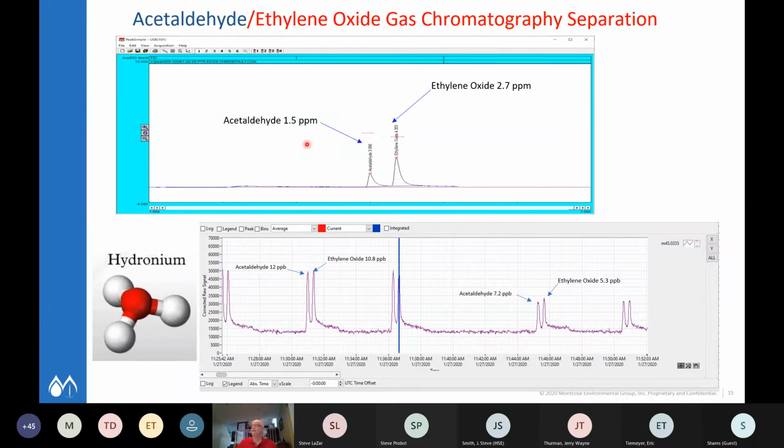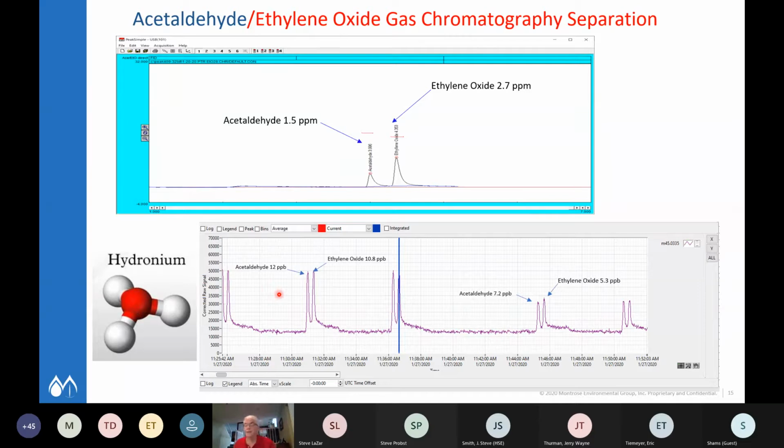This is an FID channel, so I know that I've got baseline separation here, so it's okay to go ahead and take these systems, since I know they're separate now. I'm going to leave everything the same in the GC, the carrier pressure, temperature programs, pressures, but I'm going to take the output now, and instead of routing it to an FID detector, I'm going to route it to the PTR.